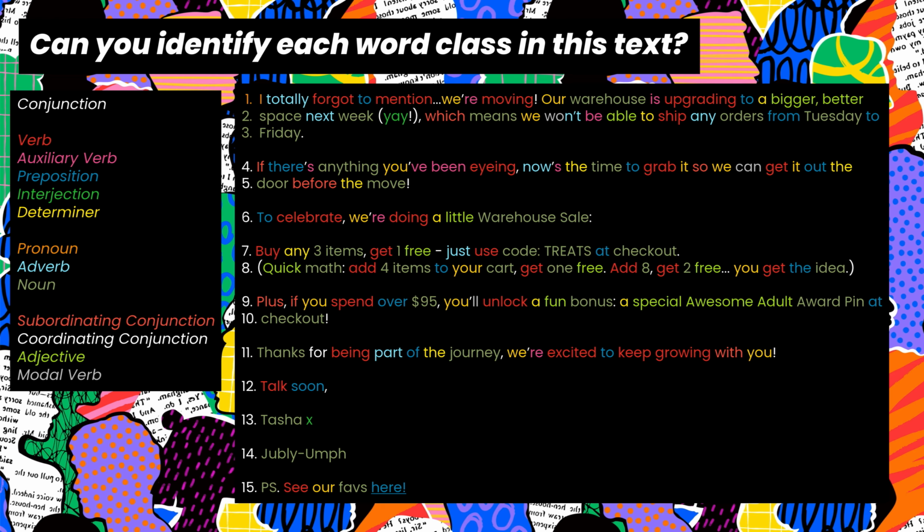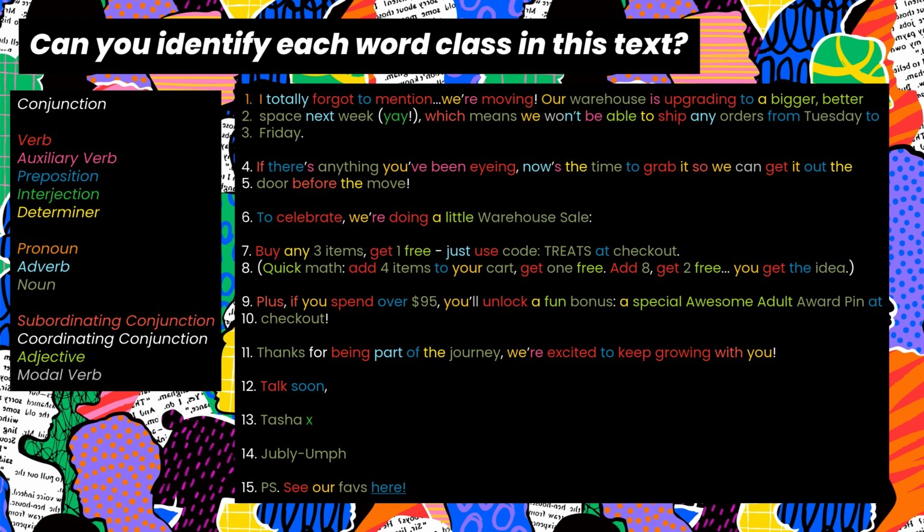Now, hopefully, you've been able to identify lots of examples of each word class here. But the one thing I want to draw your attention to now are these pesky contractions. And so when we're analysing and trying to identify the word class within a text, sometimes students can get tricked by contractions and say things like, use of the pronoun we're on line 1 acts as substitution, where the pronoun we're is used to refer to the Jubbliumph team.